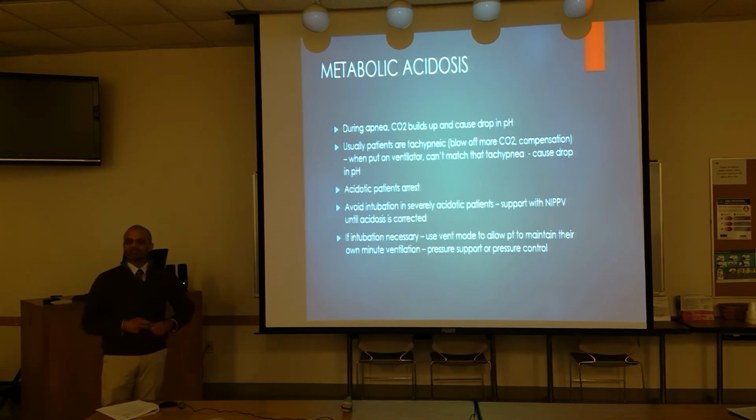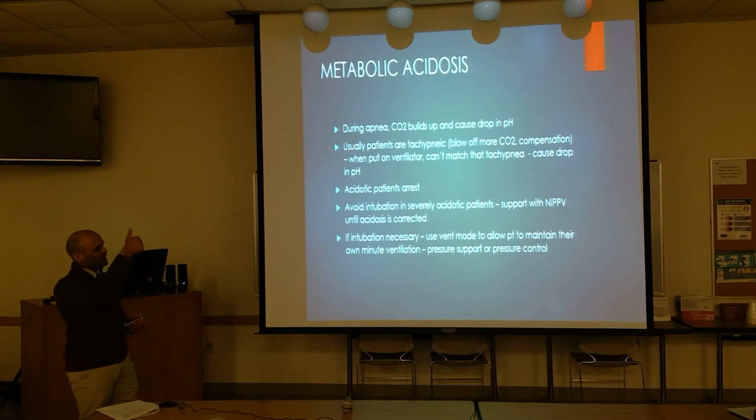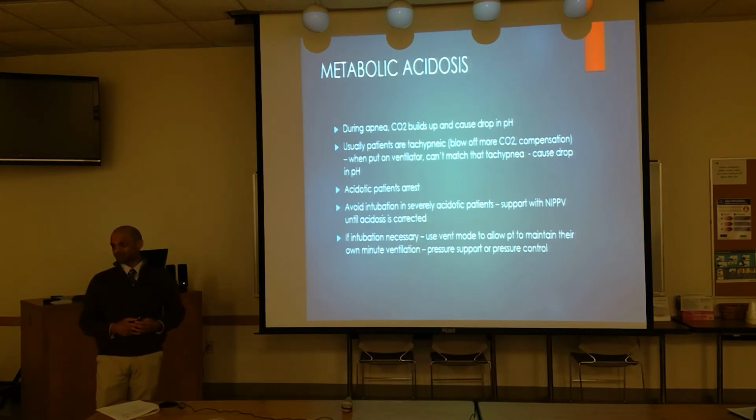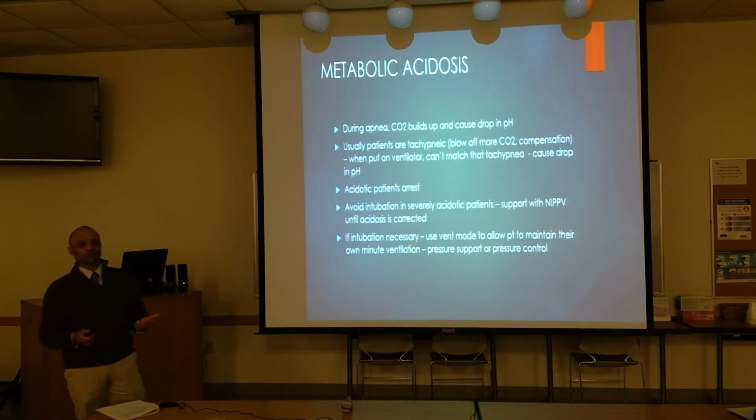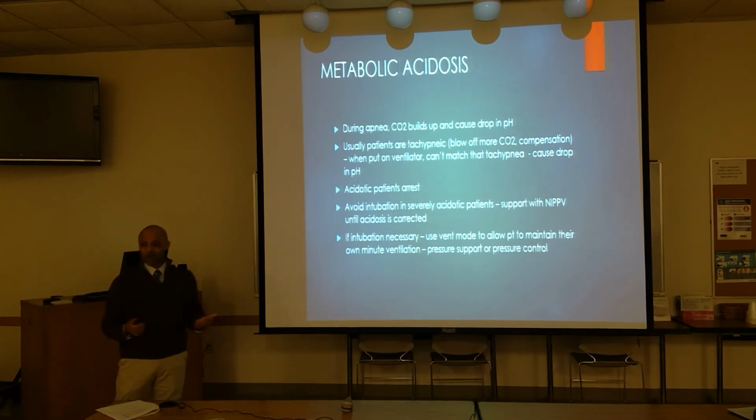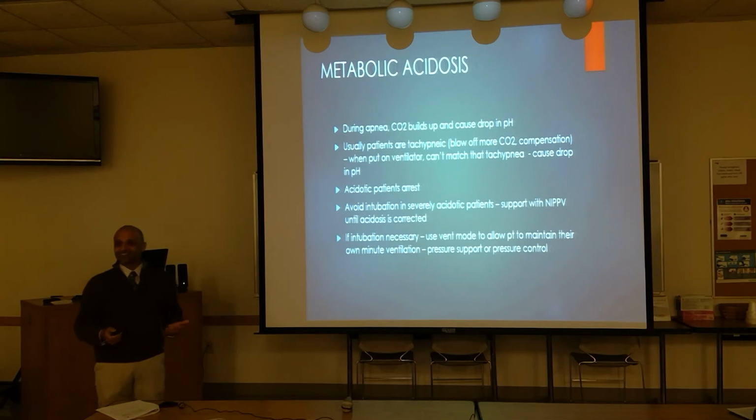What's the rate that the ventilator goes up to? 18. 18? So guess what you just did? You just slowed that patient's breathing down so much, now their CO2 is going to build up, and you just made that pH go from 7.1 to 6.7. And what do acidotic patients do? They code, okay? They arrest on you.